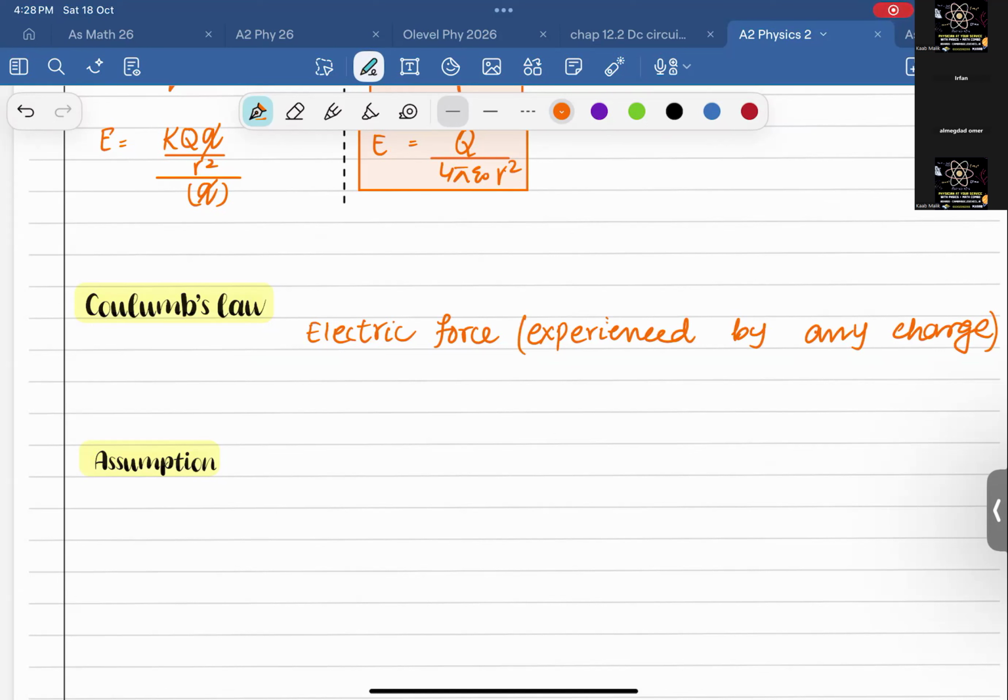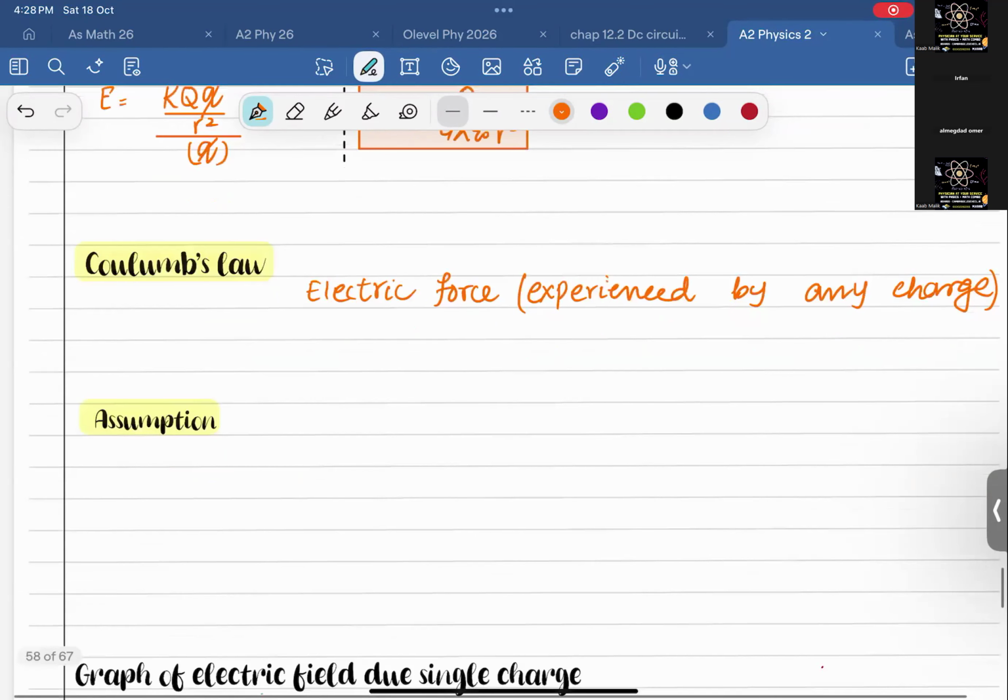I'm just putting the bracket around because this is not required, by the way.